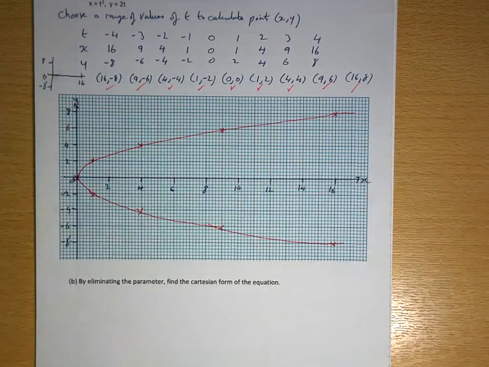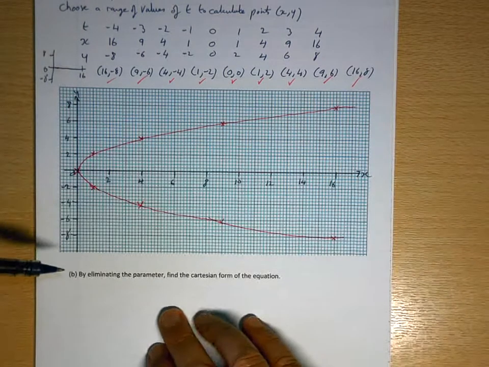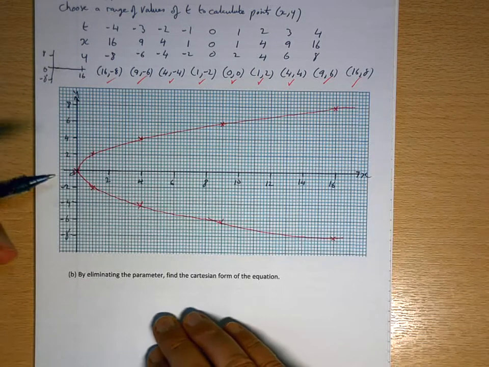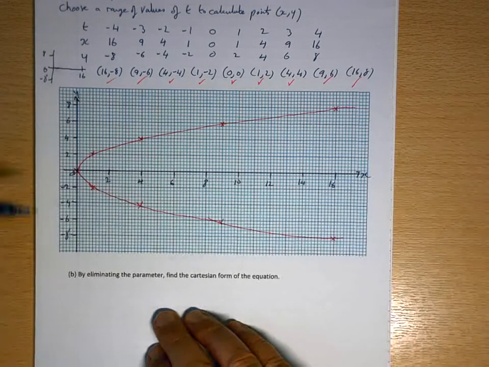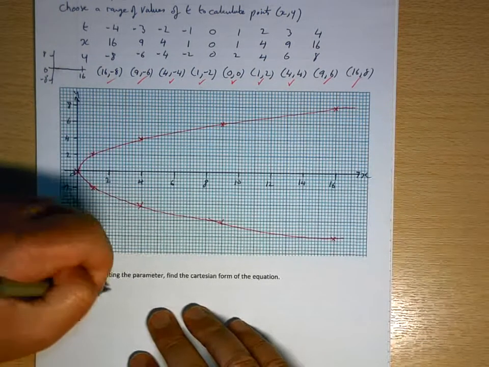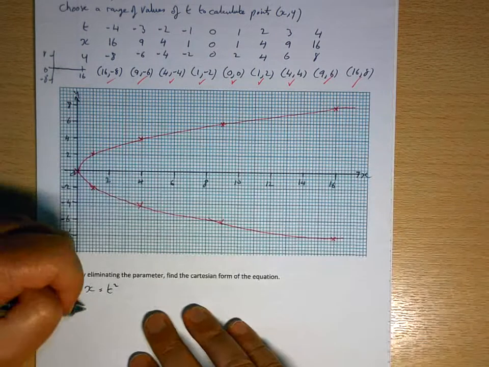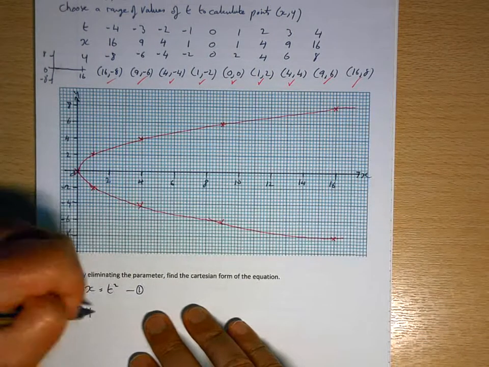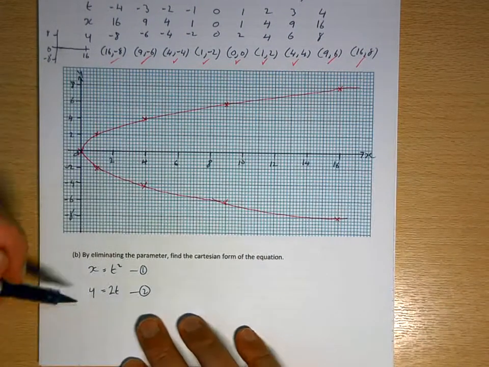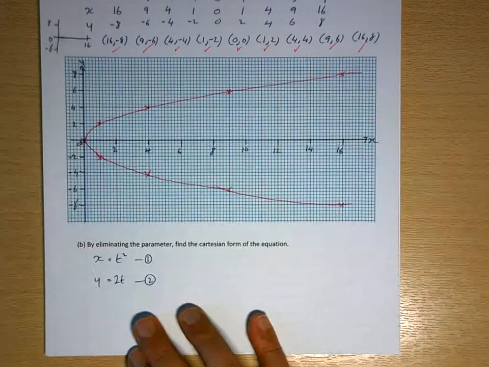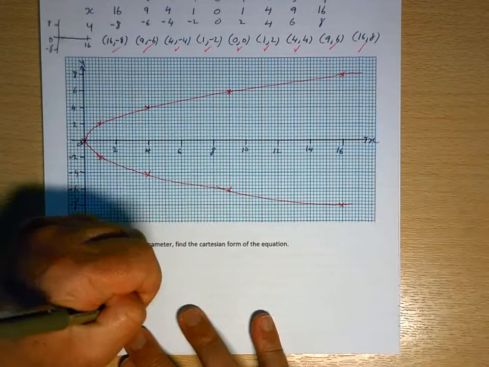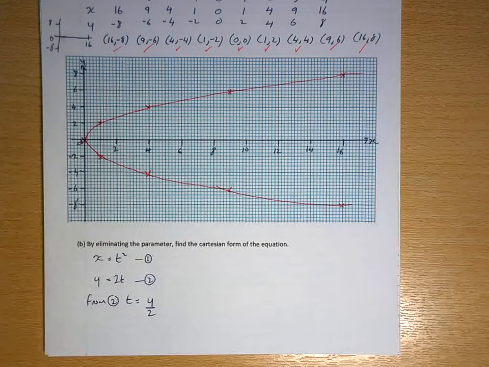And then part B, by eliminating the parameter, find the Cartesian form of the equation. So the Cartesian form would be one that just links x and y. It's the format that we're most familiar with. So the way that we do that, so there's my first equation, there's my second equation. Now I can rearrange equation 2 to give me t equals y over 2.